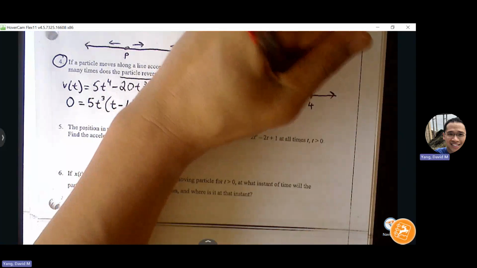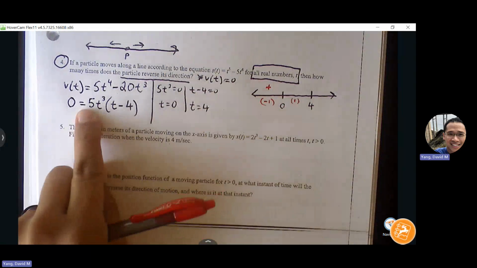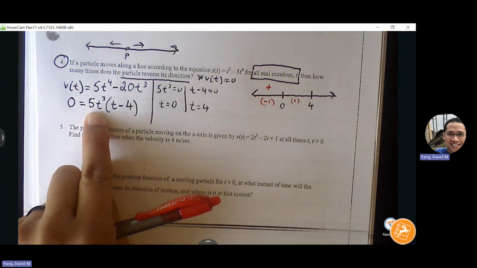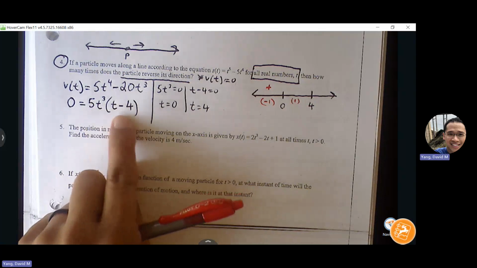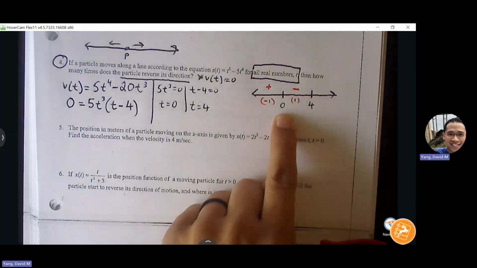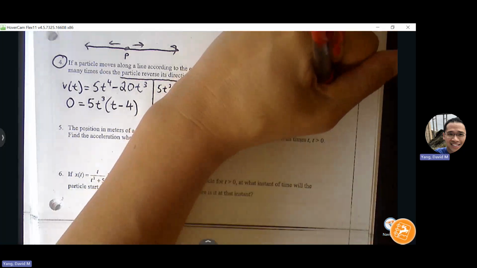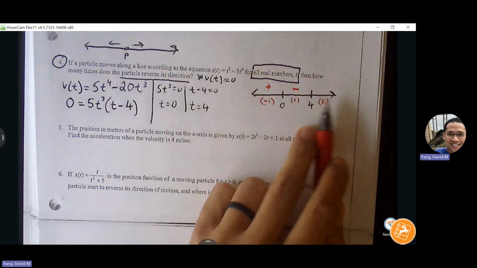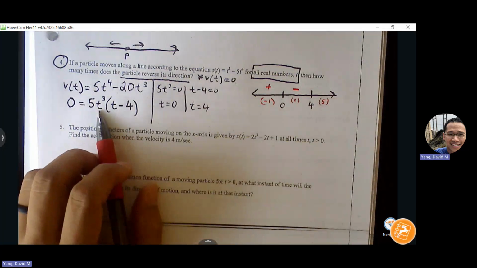Now, let's test a number that sits between 0 and 4. 1 is an easy number. Let's plug 1 into the velocity function. So 5 times 1 cubed is positive. 1 minus 4 is negative. Positive times negative is negative. So it does change direction here, because it's moving to the right, it stops and moves to the left. Okay, let's figure out what's happening at 5, because we can test any number that we want. We just want to pick what we think is the easiest number, because we know it's going to be the same whatever number we choose to the right of 4. So 5 in for t, positive or negative?